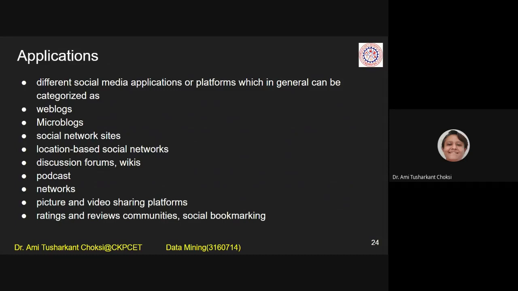So for all those things, that is social media networks, location based social networks, discussion forums, wikis, podcasts, picture and video sharing platforms, ratings and reviews communities, social bookmarking, for all of them we are using the temporal mining. Okay.